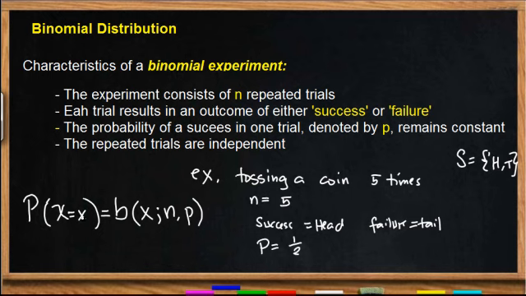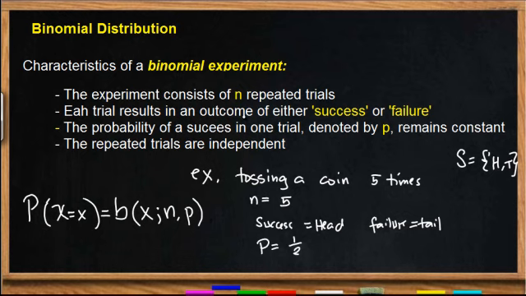So ang probability nga makakuha ta og x ka success is equal sa binomial distribution. Kani x is the number of success, n is the number of trials, p is the probability nga makakuha ta og success.